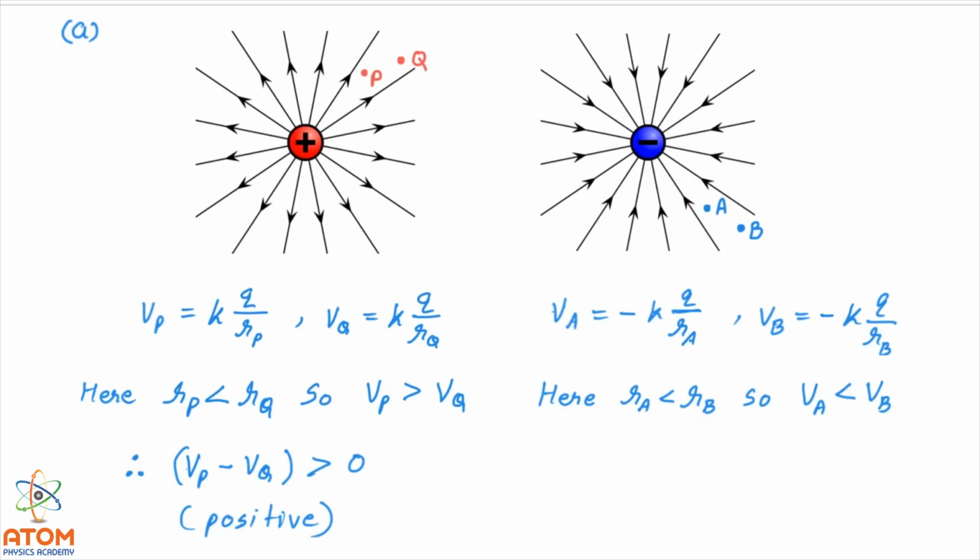And so we can now write the difference which is asked here, that is Vb minus Va, that will be greater than 0, and so that will be also positive.